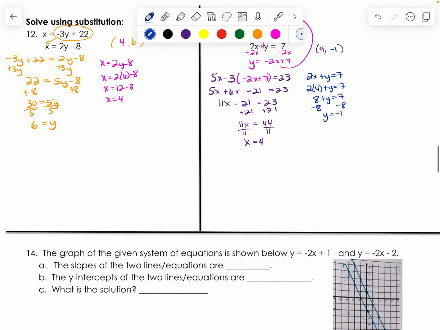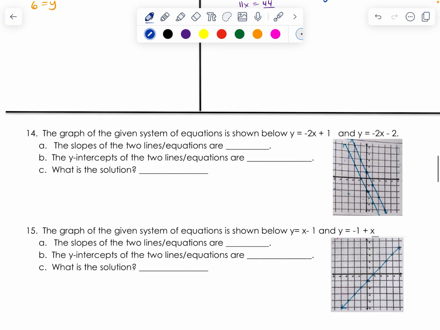Okay, so this next one says, the graph of the given system of equations is shown by those two equations. The slopes of the two lines, if I look at the slopes, they are the same. The y-intercepts of the two lines, they are different. What is the solution?